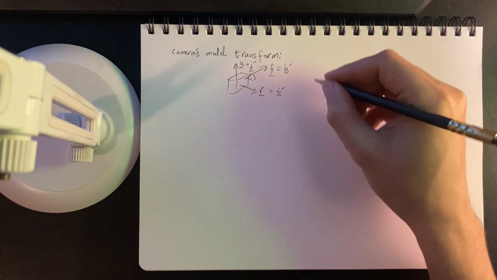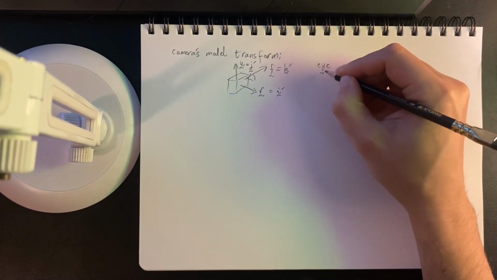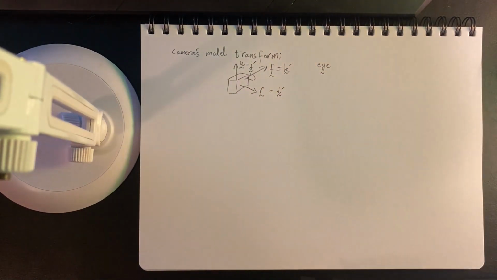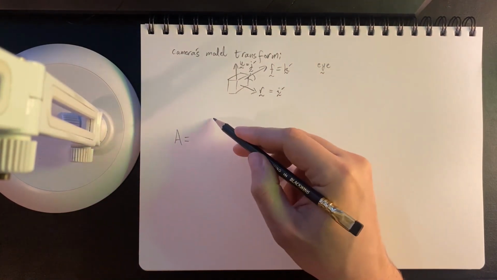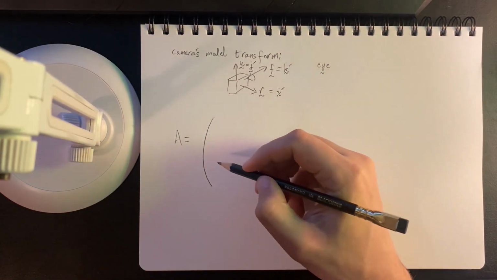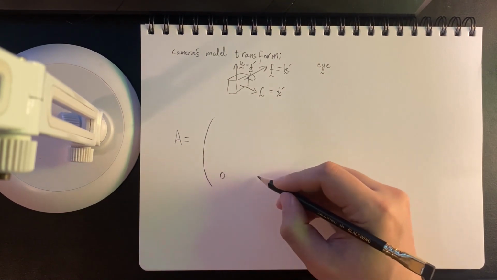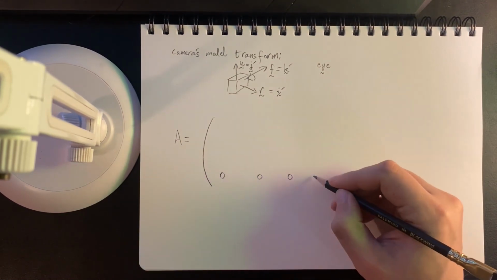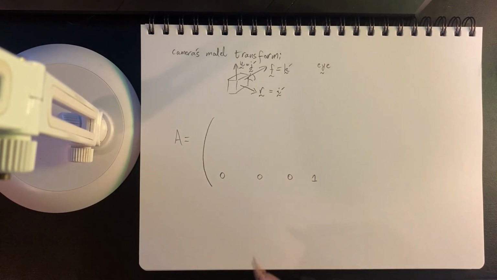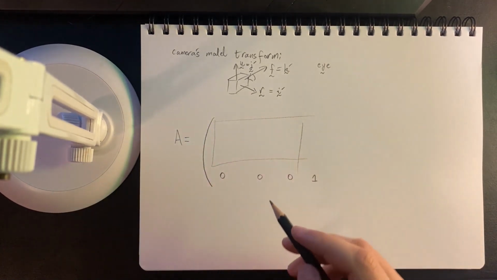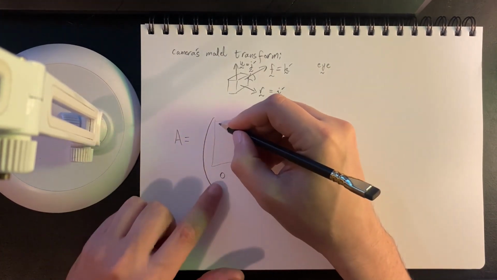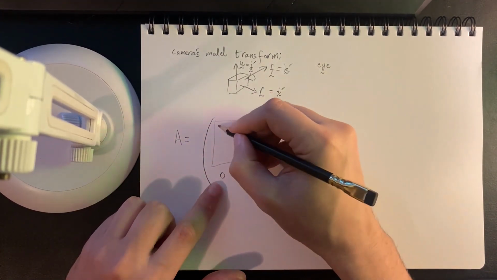We also have what's called the l, that's the camera's position. So we'll call this A, the camera's model matrix. It's a geometric matrix, so the bottom row is 0, 0, 0, 1. For the rotation component, we have the i dash, that's the right.